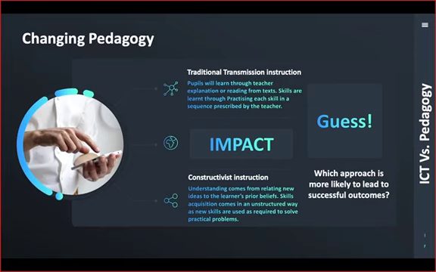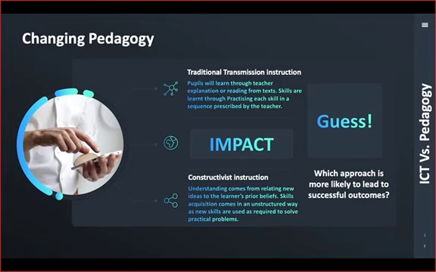Yeah, I mean, what I can see is that an eclectic or blended approach between the two, the traditional and the constructivist instruction, for me is the best way. Because the traditional one puts the teacher at ease and gives him or her full control over the classroom.